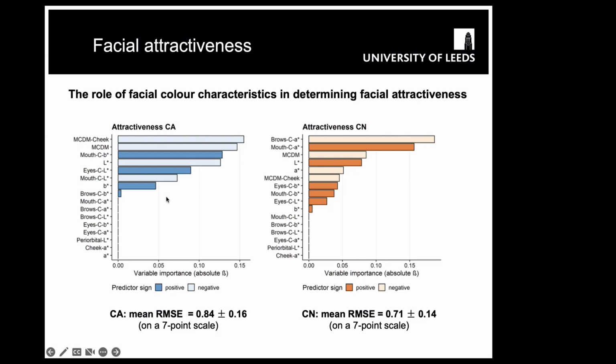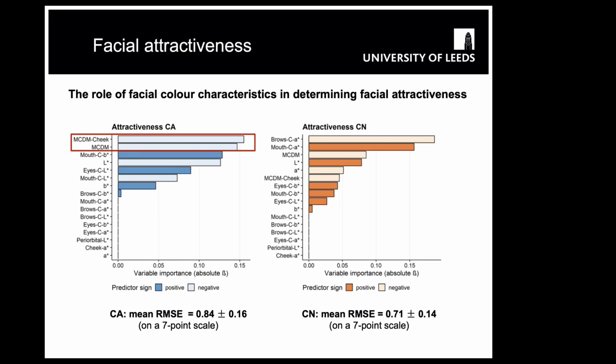And other things do not hugely affect the results. And for the Chinese, what is the most important factor? It's the color contrast, the lightness. So basically we found there is cultural dependency.